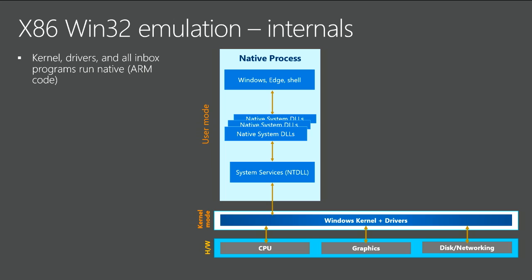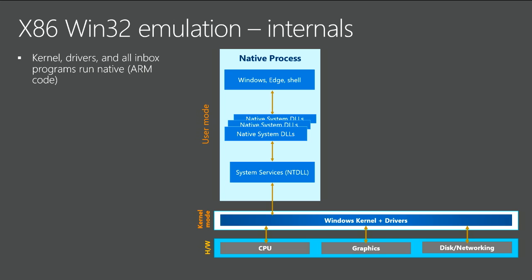Then you have something called NTDLL, which is a special system DLL, which is how apps talk to the kernel. And down here, in kernel mode, you have the actual Windows kernel and the drivers. They operate with devices like the GPU, disk, and networking, basically at hardware speeds. So these native processes, which are all the inbox experiences, basically run at the full capability of the ARM64 hardware.